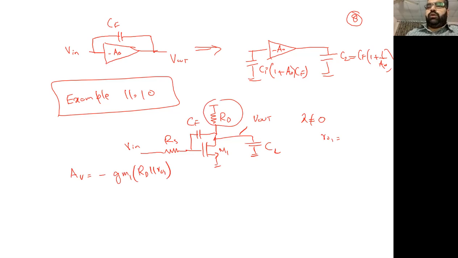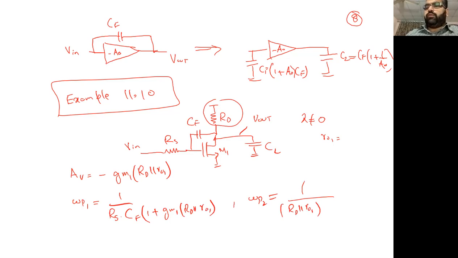Your omega P1 will be equivalent to 1 over RS times C1, that is CF times 1 plus GM1 RD in parallel with RO1, and your omega P2 will be equal to 1 over RD in parallel with RO1, since now you have to bring this thing, times CL plus CF times 1 plus 1 over the same expression.